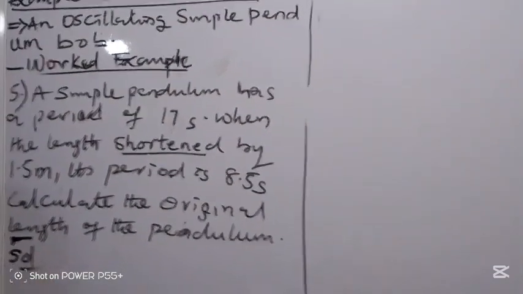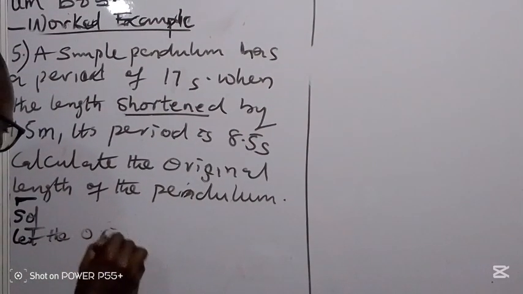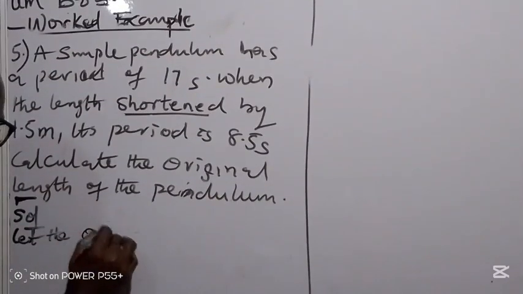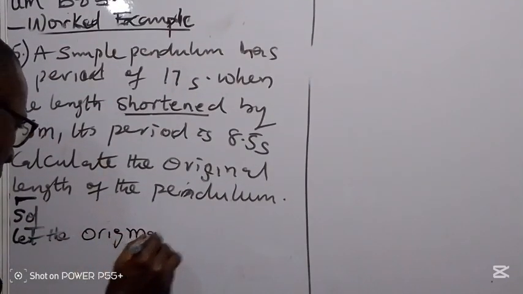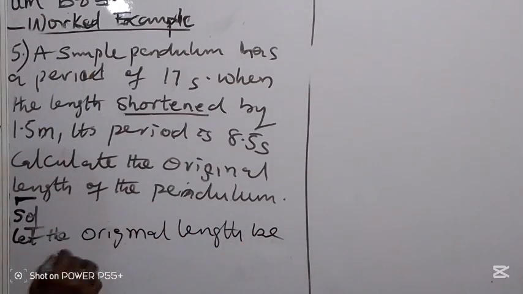Solution. So let the original length be L1 and the time, which is T1, be equal to 17 seconds. Now, from the question, T2 is equal to 8.5 seconds.